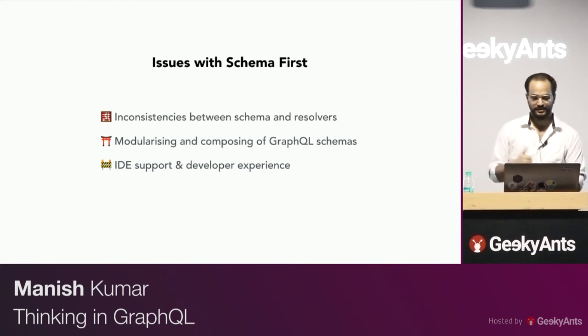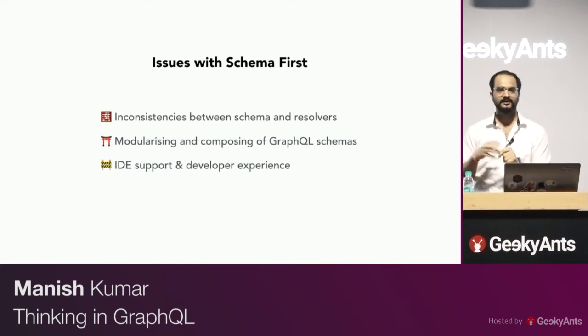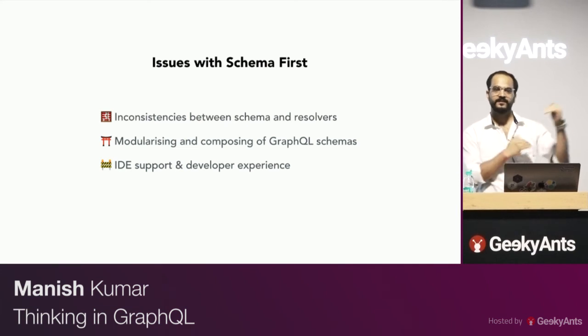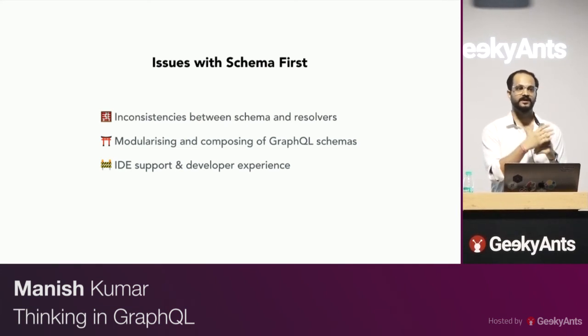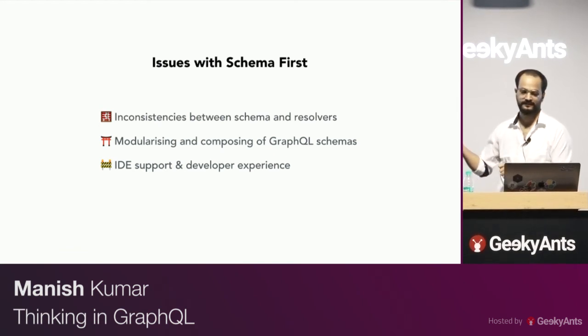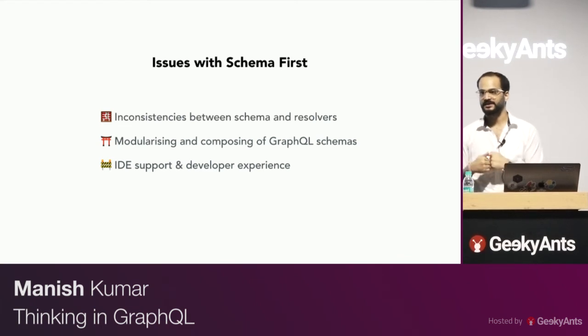So that's another issue. And then just because we have separated this whole thing out of schema definition in my own way, where I say type user has an ID of type integer or name of type string, this is not really matching with any of my languages, right?